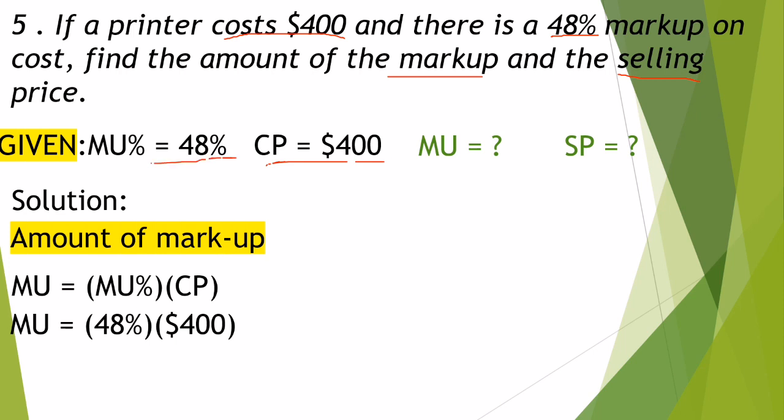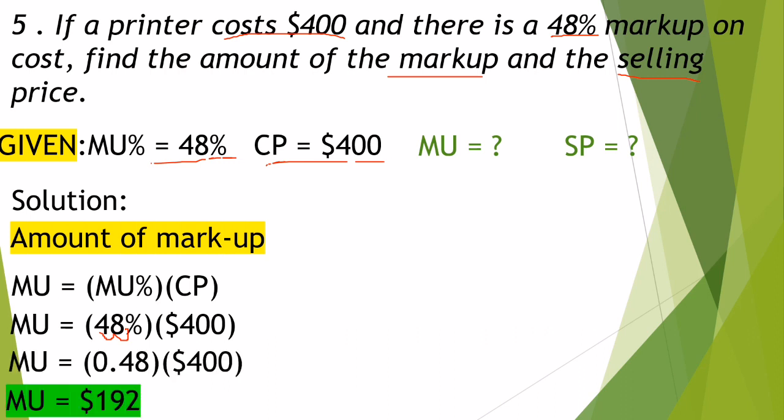Next, convert 48% to decimal, so move to the left twice. 1, 2. So we have now MU is equal to 0.48 times 400. And multiplying 0.48 times 400, we have $192. So this is our markup.